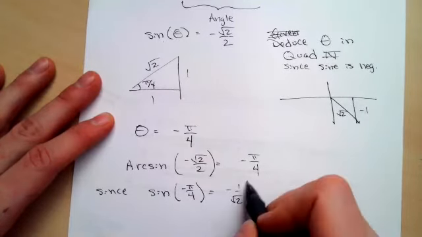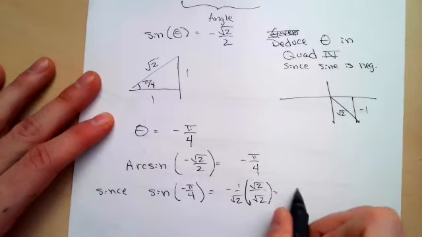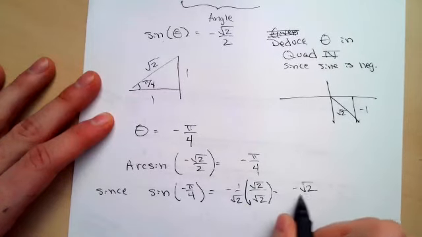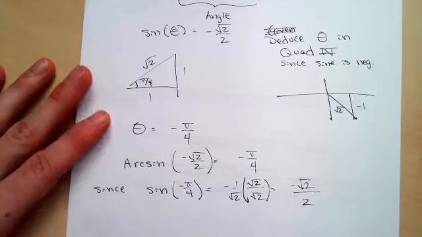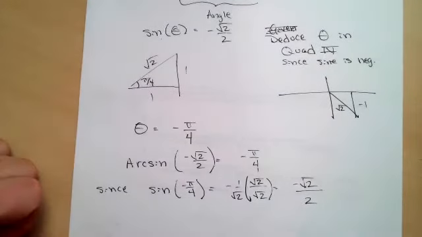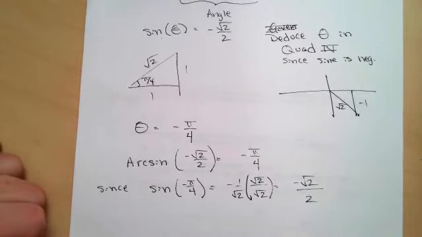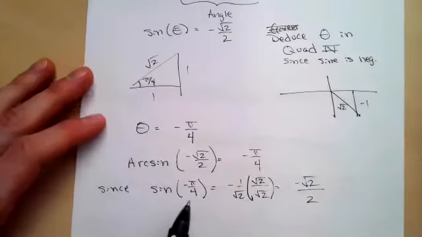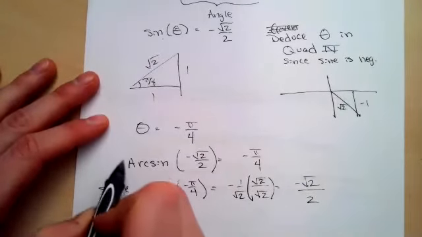And then if we rationalize the denominator, we will get back that negative square root of 2 over 2. So just be careful with how the numbers appear. Hopefully that's not too unfamiliar to you guys.